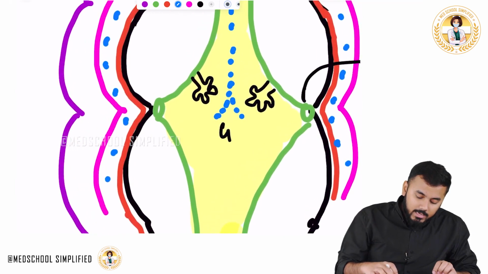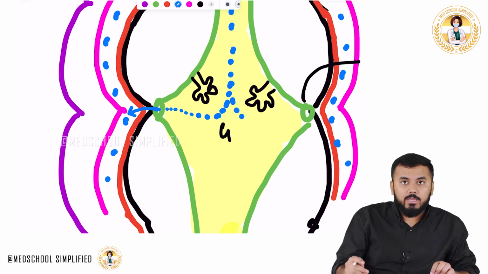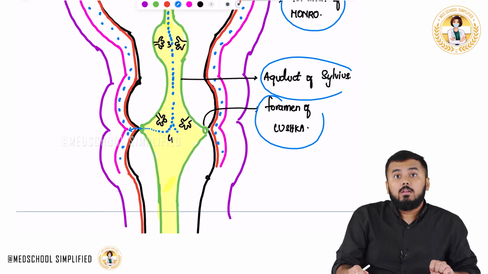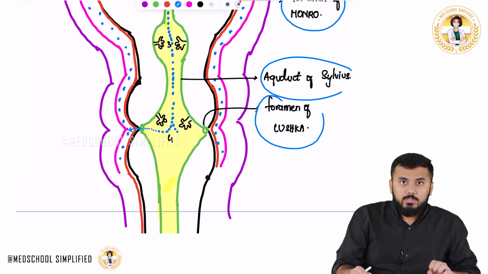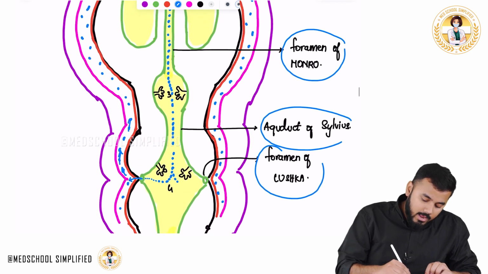And if you look very clearly here, the CSF from the fourth ventricle comes out of this foramen of Luschka and finally enters which space? It finally enters this dotted space that is called the subarachnoid space.